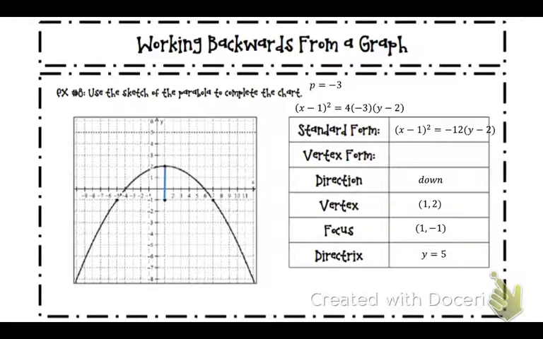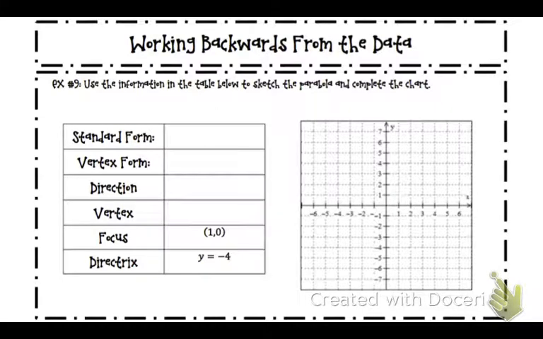And then the vertex form of this, I'm just going to solve that for y. So I'm going to divide by -12. So I get -1/12 times x minus 1 squared equals y minus 2, which is y equals -1/12 times x minus 1 squared plus 2. Cool?